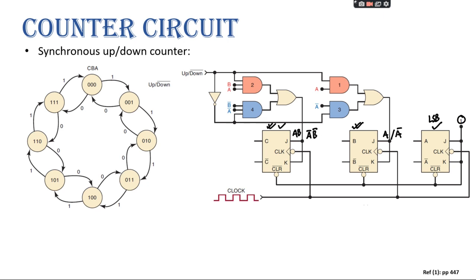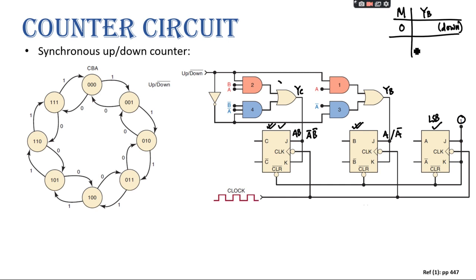Yes, sir. So for this case, suppose this is my YB and the output here is my YC. So for YB, what do I need to do? Suppose we are considering a control command M such that for YB, when this is 0, it means it will count downwards. So it will be a down counter.